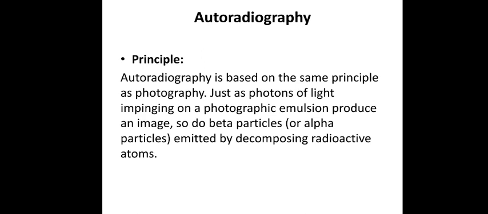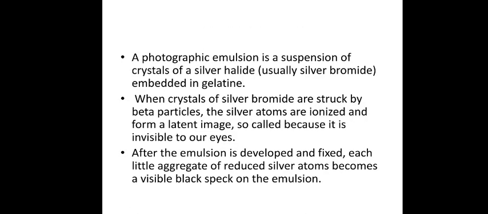They change their state, and which will give a latent image. Later on you can develop it. Just like a photographic negative, you are going to develop it and then you are going to analyze the image you obtained. You will be able to locate the chemical of your interest, the molecule of your interest, and later on you might also be able to quantify them.